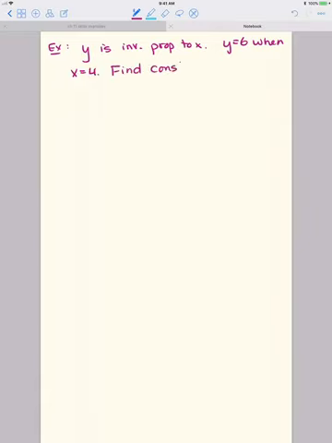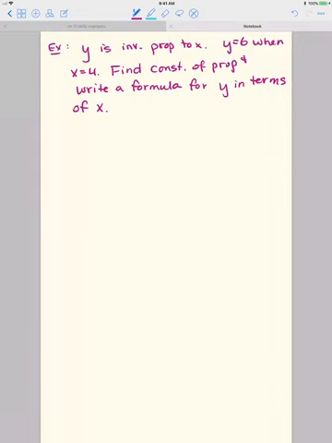Find the constant of proportionality and write a formula. And this time it'll be write a formula for y in terms of x. So y is a function of x. And then we'll use it to predict. So we'll start with y is inversely proportional to x. That will be y is a constant divided by x. Again, inverse proportion takes the constant and divides it by whatever it's inversely proportional to.